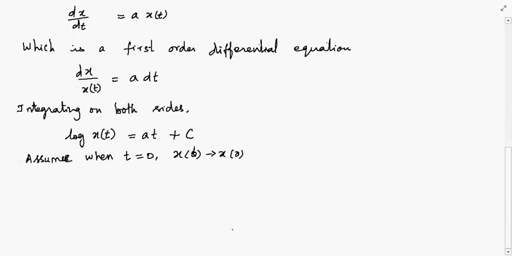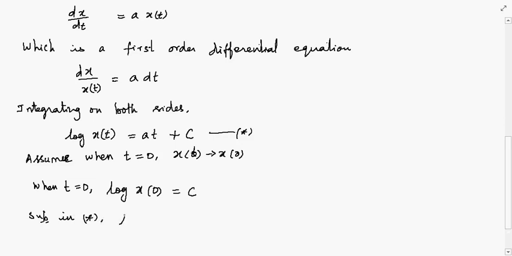Substituting this initial condition, we get log of x of 0 is equal to c. Substituting this value of c in star, we get log of x of t is equal to at plus log of x of 0.